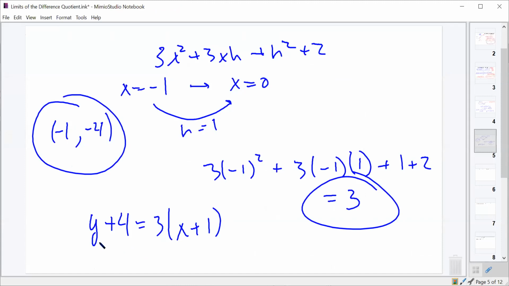So I just used point slope form, y minus y1, so y minus -4 equals 3, the slope, times x minus x1, x minus -1. Okay, thank you. You're welcome. Does that make sense? So when you're finding the point, you plug in the x value into the original function equation? Correct.